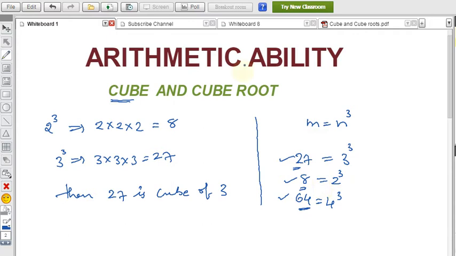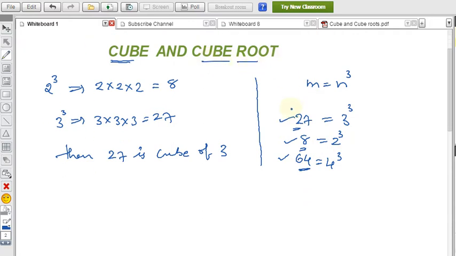Now see the cube root. So cube root is same like the definition of the cube, but you can change. For example, the previous example, 27 is the cube of 3, then 3 is the cube root of 27. Same for cube root. So 4 power 3 is equal to 64, because 4 into 4 into 4.